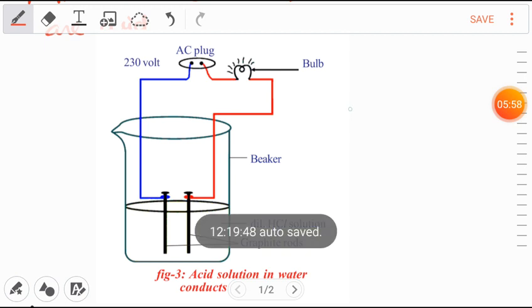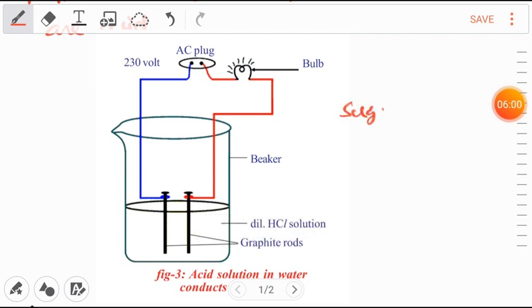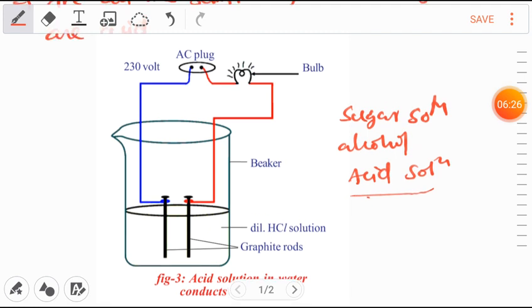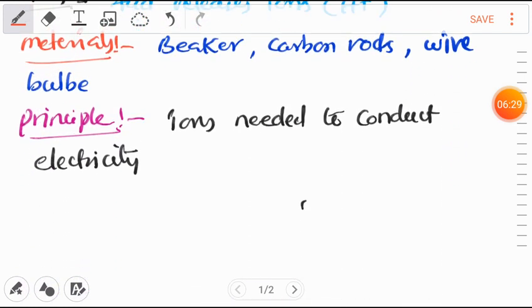We prepare different solutions: sugar solution, alcohol and acid solutions, and one after another we replace the solutions and check in which solution the bulb glows. Only acid glows the bulb, the remaining all don't glow the bulb. Why? Because acid releases H plus ions in aqueous solution. That is the simple experiment.